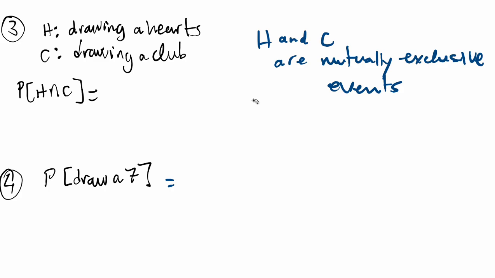Why? Because I have only one chance. If I have a heart, I can't have a clubs. I don't have a card like a 2 of hearts clubs. They are mutually exclusive. If I have one, I cannot have the other. So if they're mutually exclusive, what happens with the intersection? The probability of having them at the same time is 0. It won't happen. I'm certain that this won't happen.